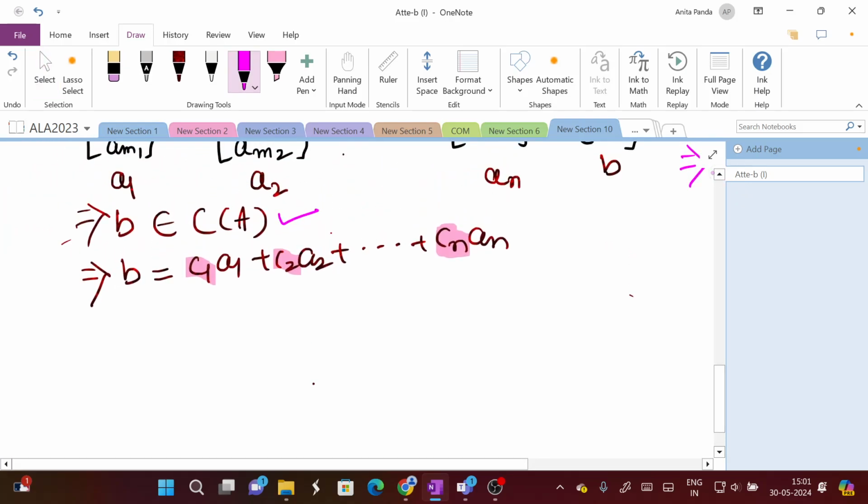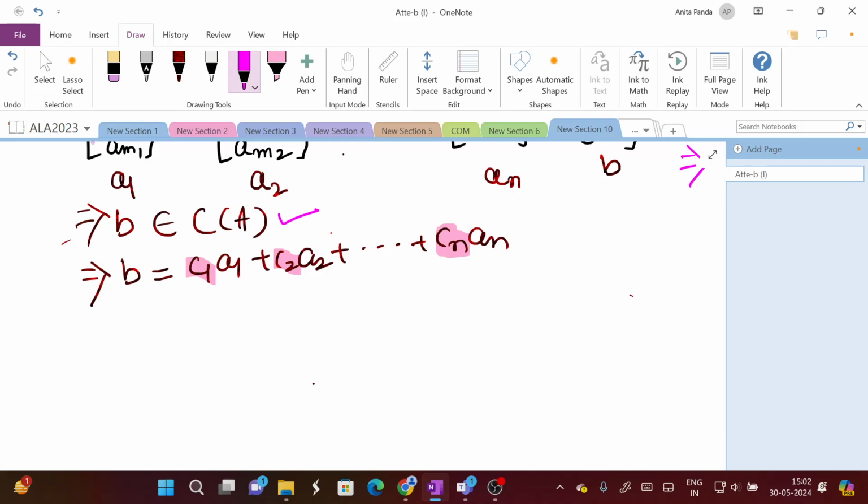If b belongs to the column space of A, that means I can get some scalars C1, C2, C3 and so on, such that b = C1a1 + C2a2 and so on up to Cnan.